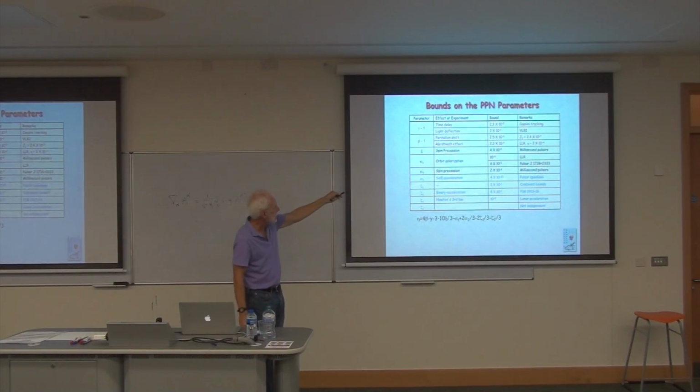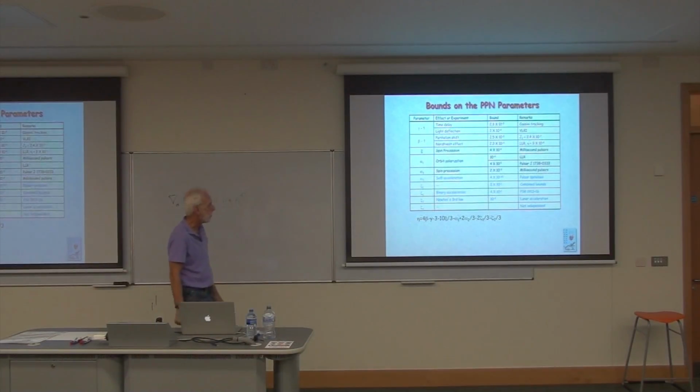But lunar laser ranging, as I mentioned before, shows that the Earth and the Moon fall with the same acceleration toward the Sun, even though each one contains a different fraction of gravitational binding energy. And so lunar laser ranging places a limit on this combination of parameters, but that limits beta to be a few parts in 10 to the 4.